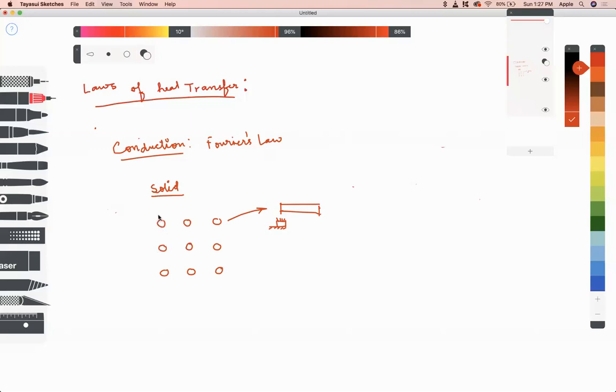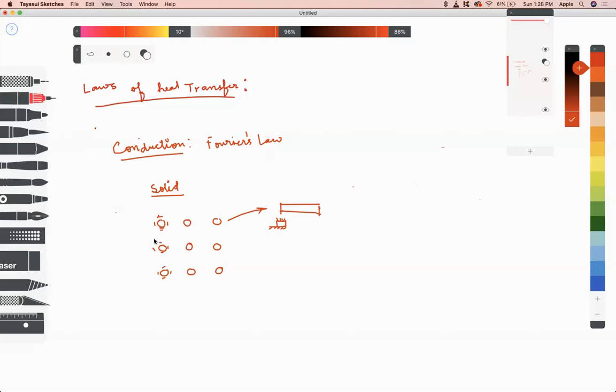All these atoms are vibrating in their own place. This is vibrational energy. This vibration will cease to exist only if the temperature of the body reaches absolute zero. Now, according to the third law of thermodynamics, we know that it is not possible in a real case.